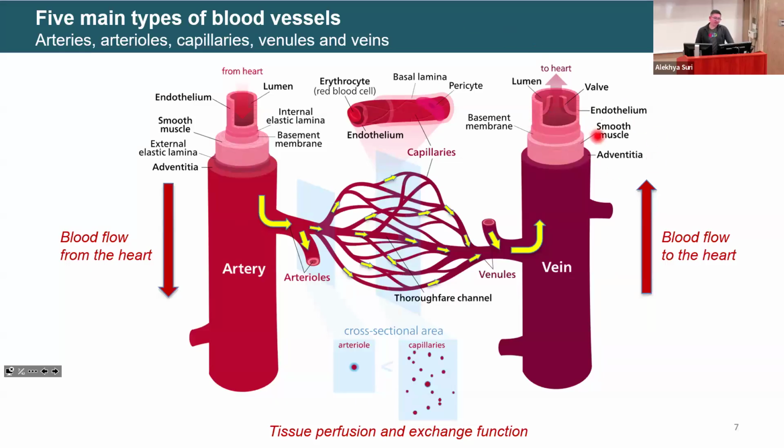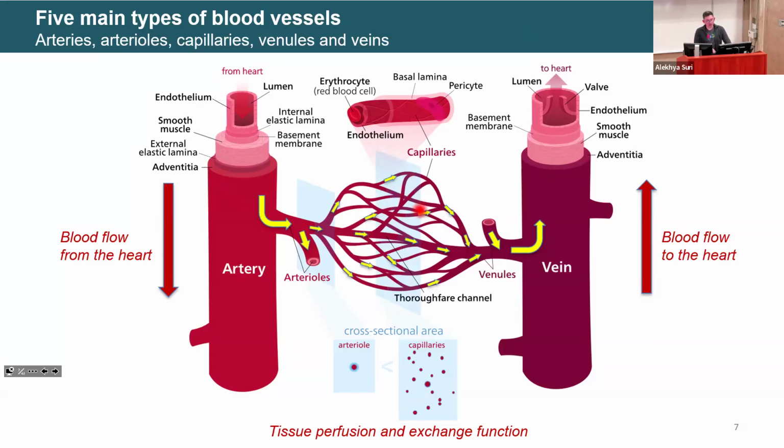The larger veins basically have the same structure with a couple of differences, but generally speaking, the organization of these tissues is the same. Arteries branch into larger arteries, and then these branch into arterioles. The arterioles give rise to capillary beds, and you see that the capillaries are very well interconnected.